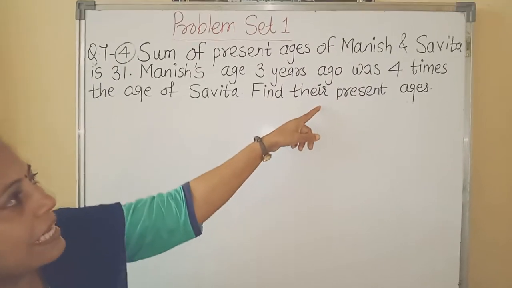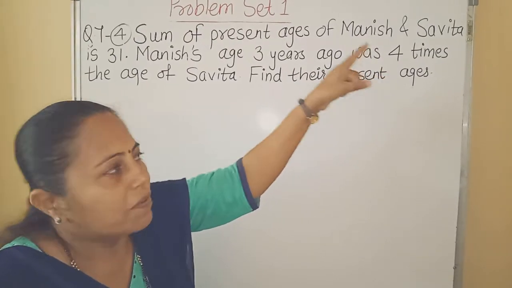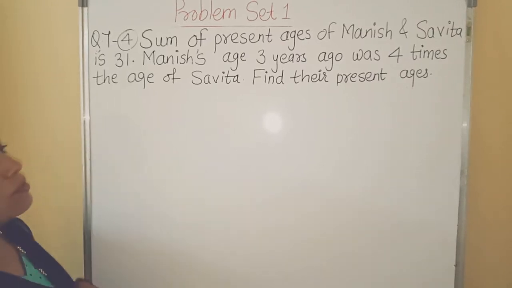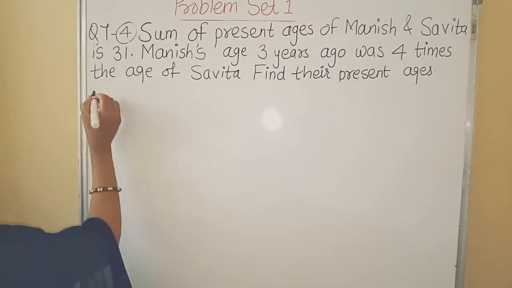Now this problem is related to Manish's age and Savita's age. So our first step is we have to assume variables for their present ages. So let's start the solution.